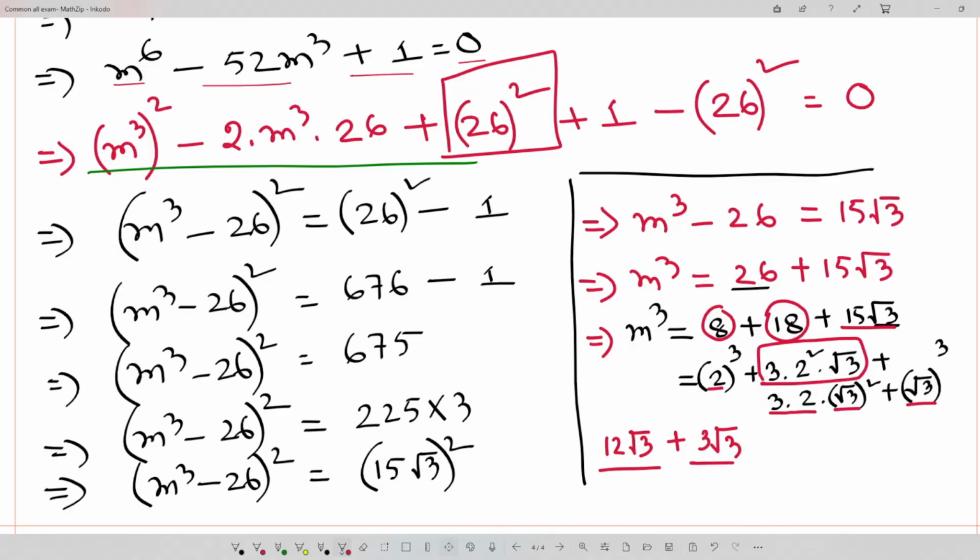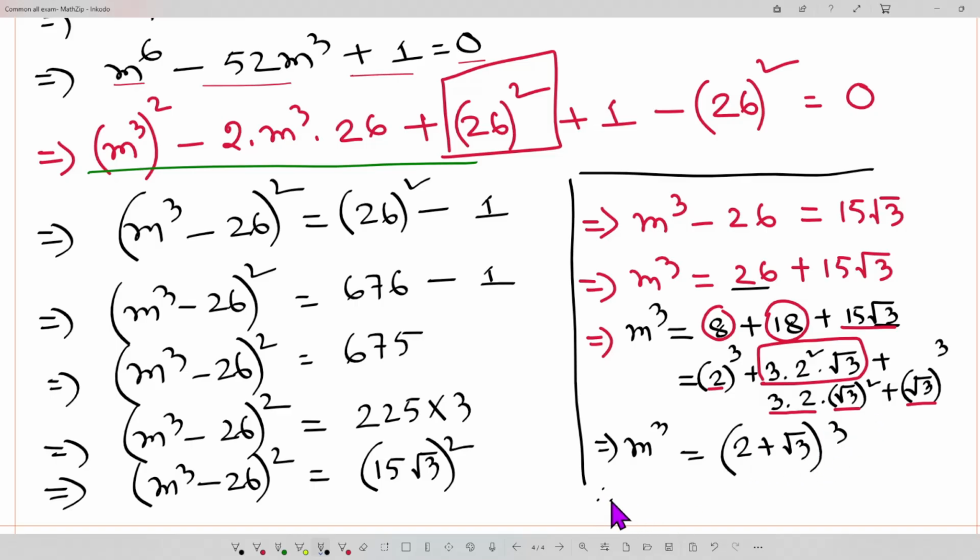Very simple. So if you understand this one, we can write a very common thing, which is 2 plus root 3 whole cube, and here is m cube, and here is 2 plus root 3 whole cube.